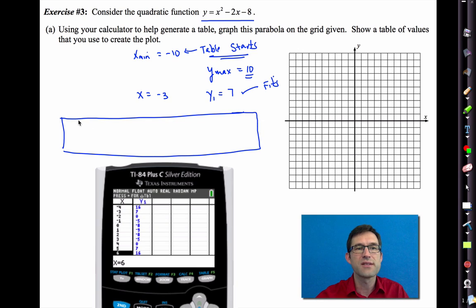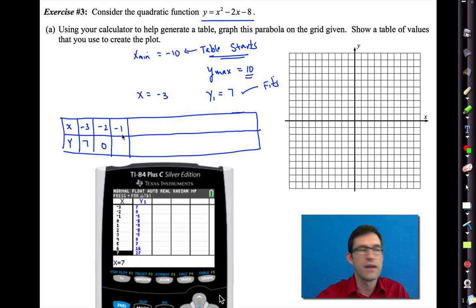Let's actually draw a nice table out here. I'm going to draw it horizontally so I have more space. X and y. So at negative 3, we see that y is 7. At negative 2, we see that y is 0. At negative 1, we see that y is negative 5. At 0, we see that y is negative 8.